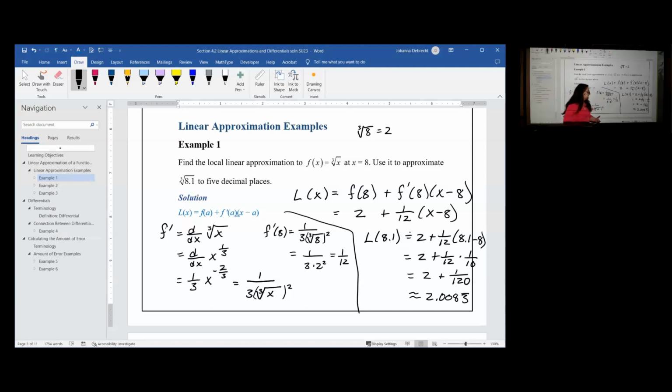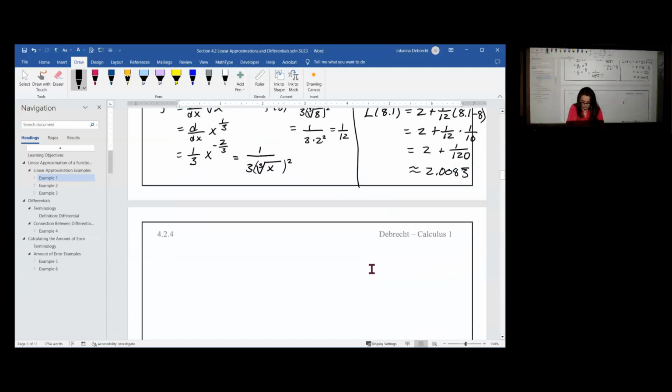In other words, it's accurate to 3 decimal places. And if you round to 4 decimal places, this is tremendously accurate. This gives you a way to compute it without needing a calculator. Let's take a look at another example.